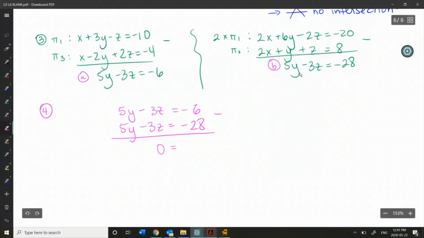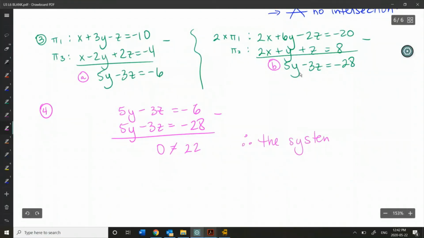And when I go to solve on the right side, we're getting positive 22. So here's where we run into this really important step where we're seeing an untrue statement. So of course we know that 0 is not equal to 22. So this should tell us that the system is inconsistent.